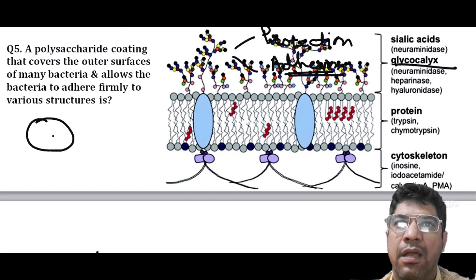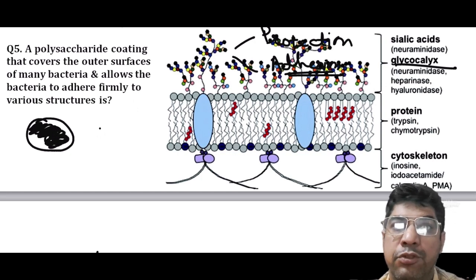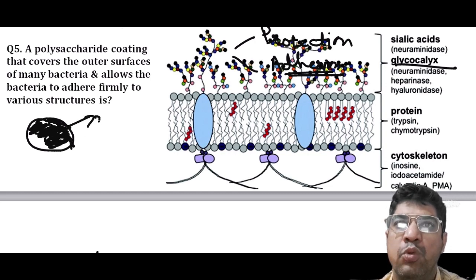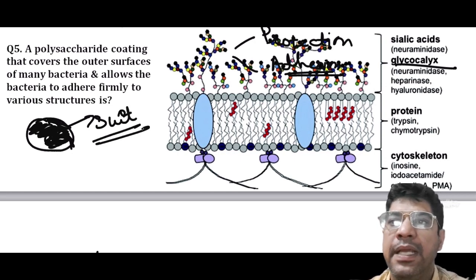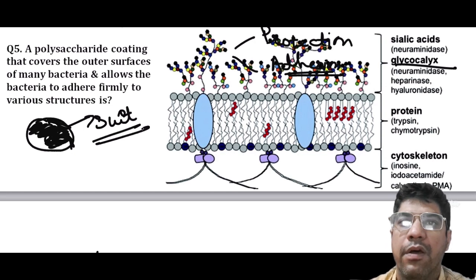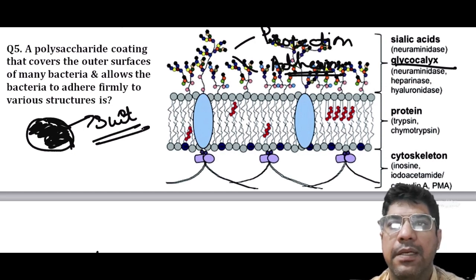Suppose Superman has a super suit. The glycocalyx would act as a suit that shields the bacteria from the threats in the environment.